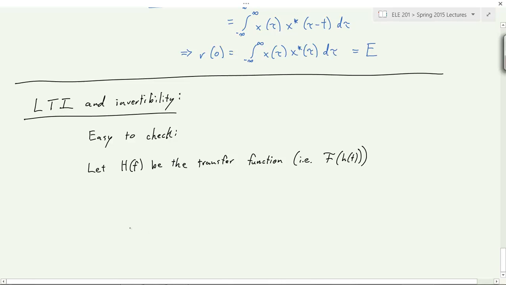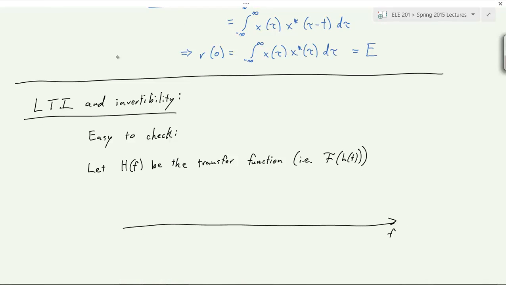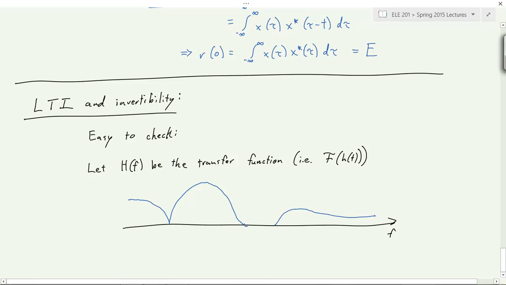Okay, I'm going to draw a transfer function here, and you tell me if it's invertible. Let's do that. Okay, so let's just say that's the magnitude of H of f. Do you think this is invertible? I hear some no's.